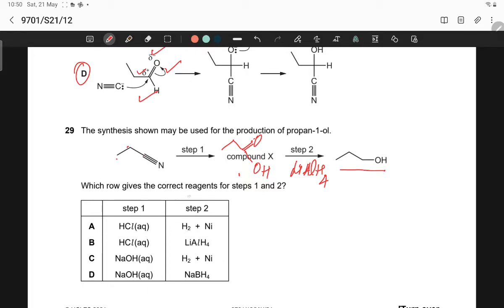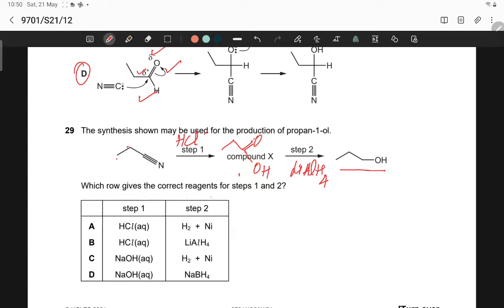Which row gives the correct reagents? This is hydrolysis of propanenitrile with HCl to form a carboxylic acid, and then reducing using the reducing agent lithium aluminium hydride to give propanol.